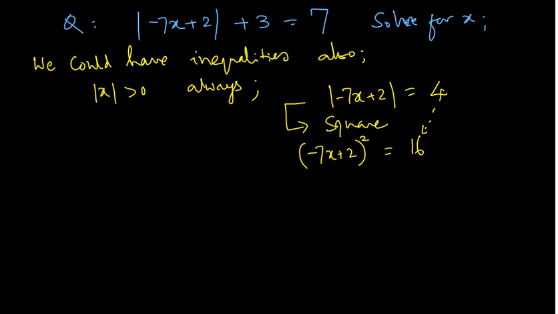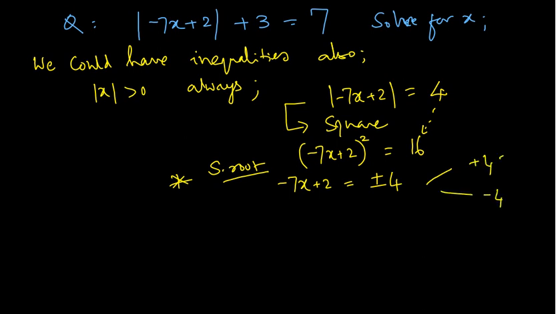Then you take the square root of both sides, equal to the square root of 16, and you have to write plus or minus 4. This is the step. Then equate once to plus 4 and next to minus 4, and you get a different x value.